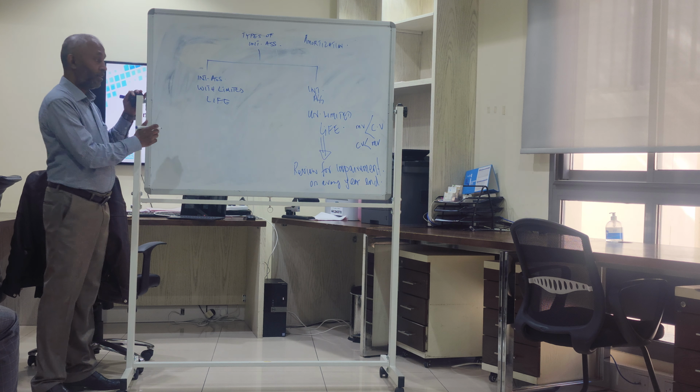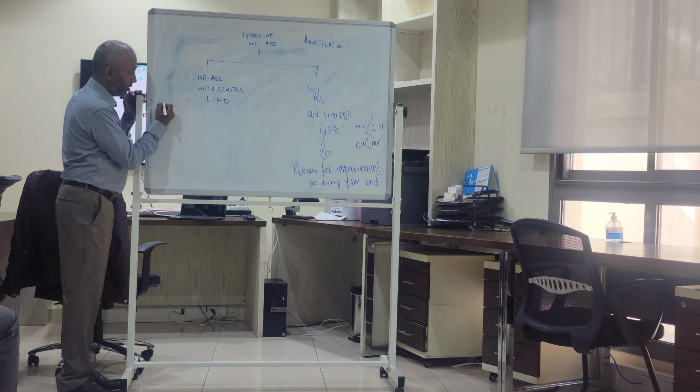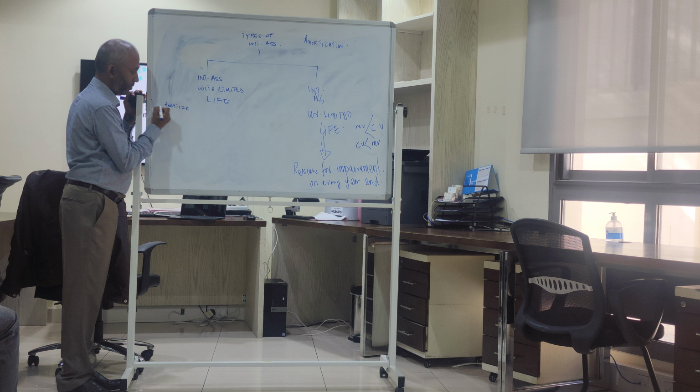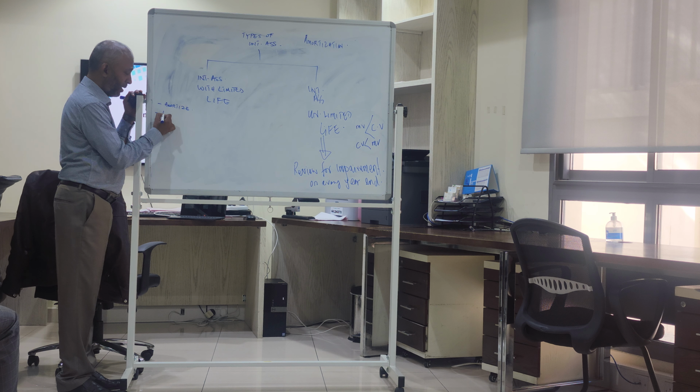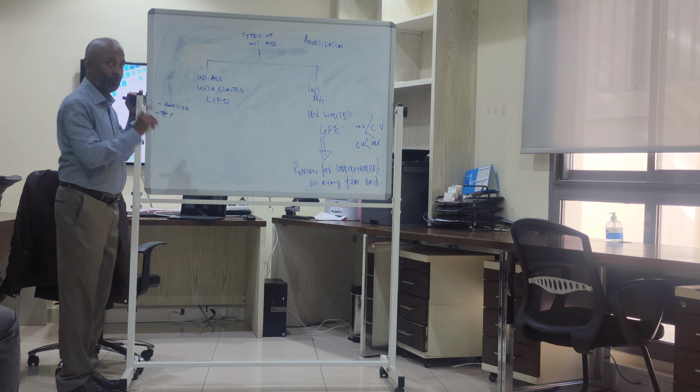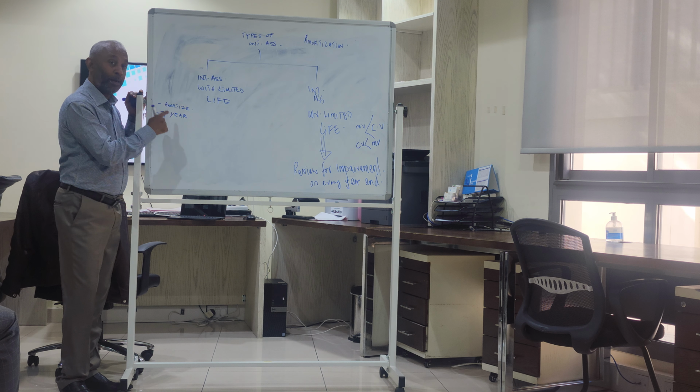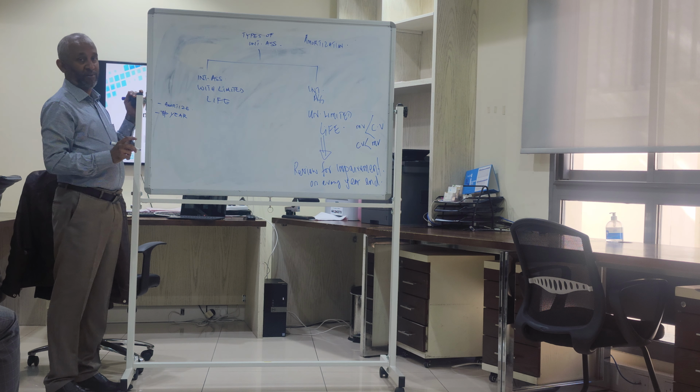Now we talk about when life is limited, then you should amortize. What is the number of years? 5 years? No, that is before, the old standard. Now it is based on the estimated remaining useful life.